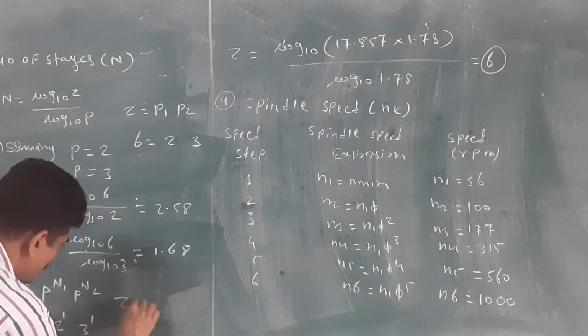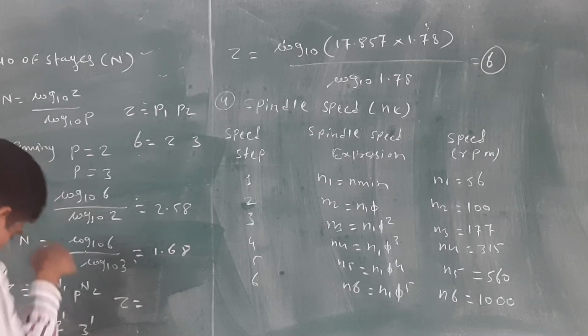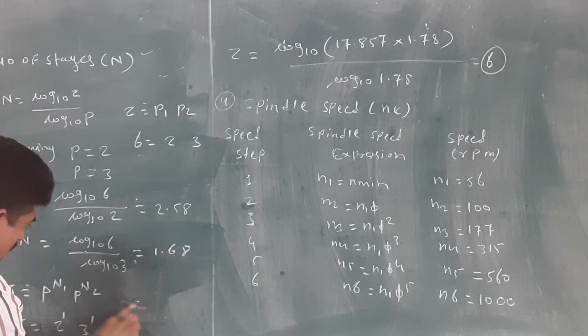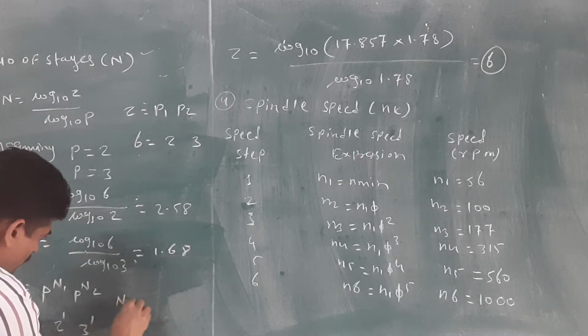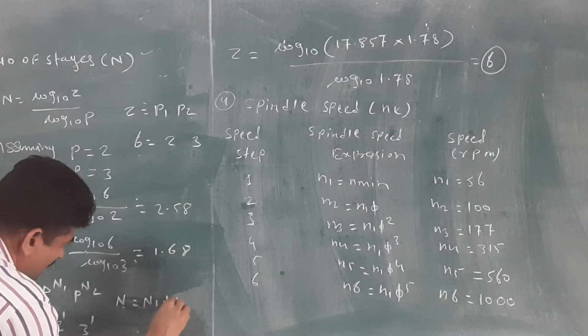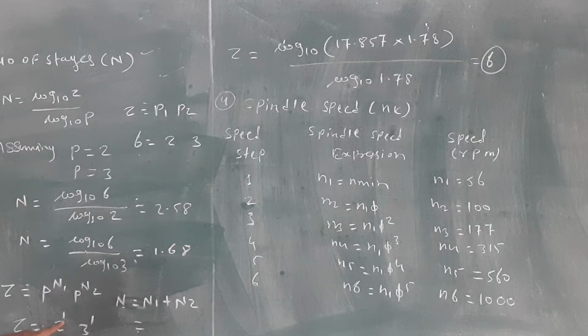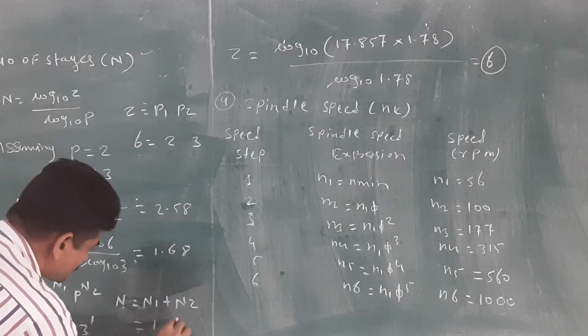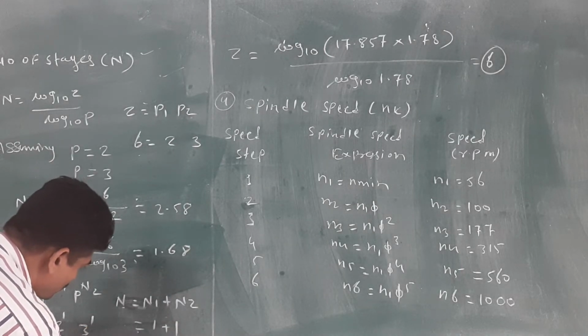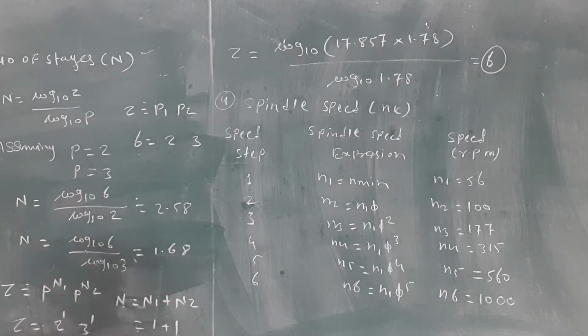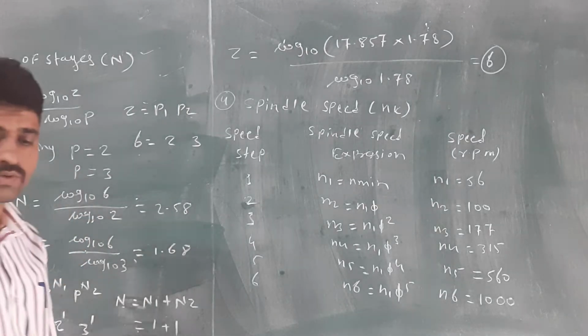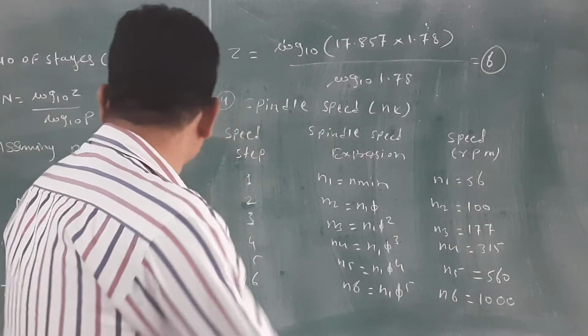That's why I will write n is equal to n1 plus n2. What is the value of n1 and n2? 1 plus 1. N is equal to 2. The number of stages we have found out with the help of that given equation.